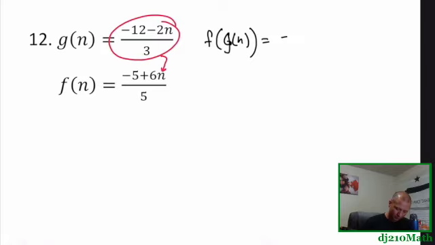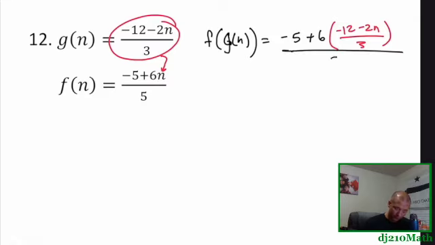So -5 plus 6n, -12 minus 2n over 3, all over 5.